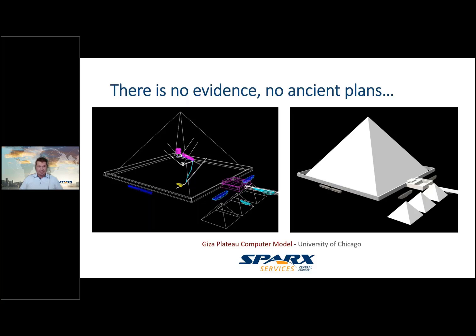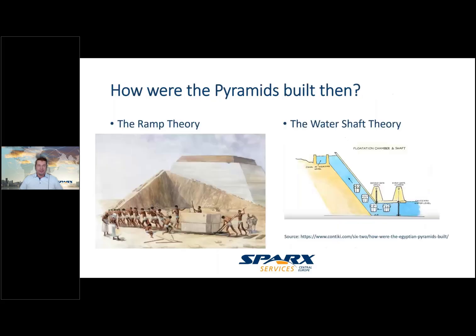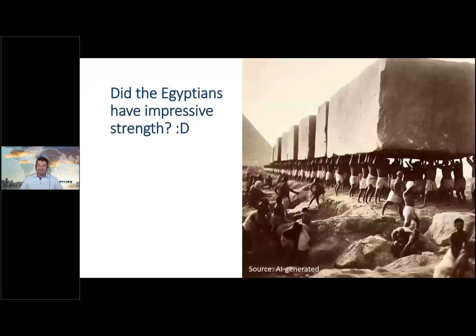But do we actually know the technology of how the pyramids were built then? Well, we can assume. There are a lot of theories: the ramp theory, the water shaft theory, or some people say there were aliens, some people say that the Egyptians had really impressive strength.